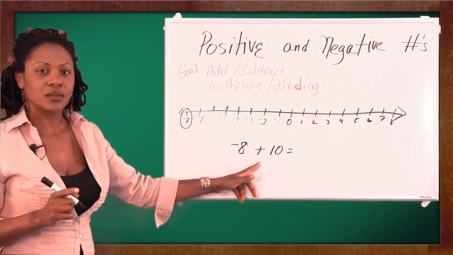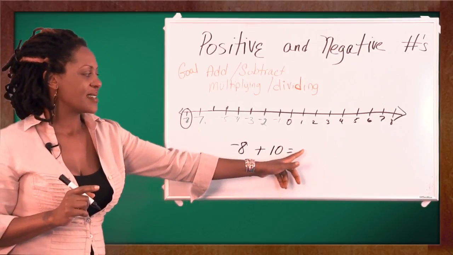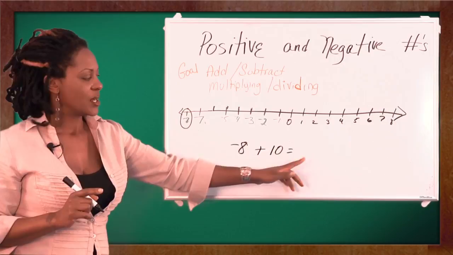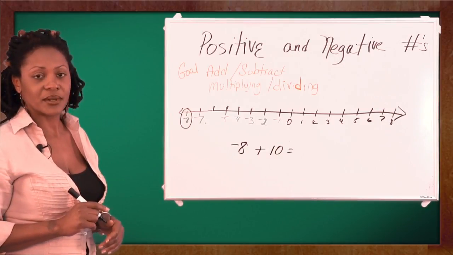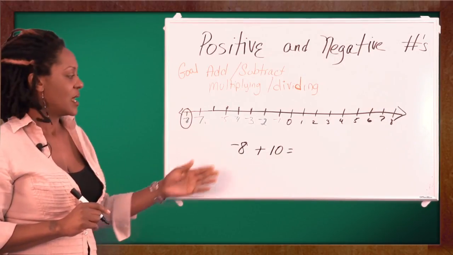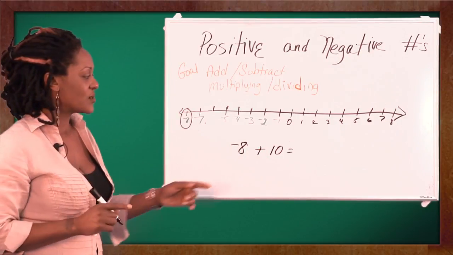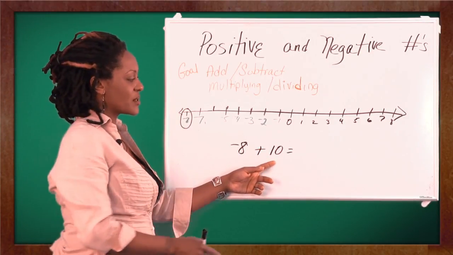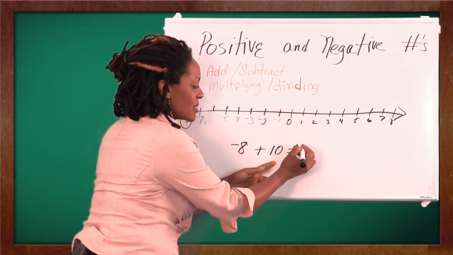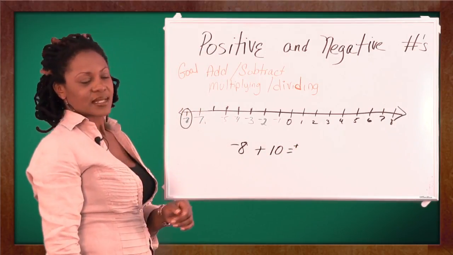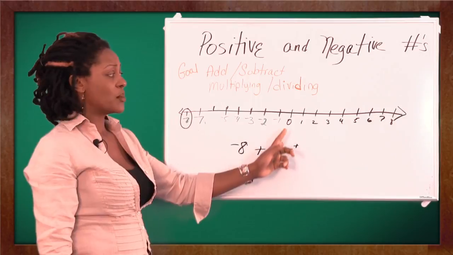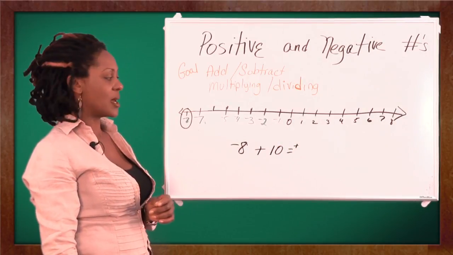And what's our rule? The larger number takes the sign over. So here, which is the larger number? Forget the 8 being negative. Is 8 larger than 10 or 10 larger than 8? Our answer is 10. It's the larger number. So that means our answer is going to be positive. Now I put that little plus sign just to remind myself that I'm moving to the positive side of the number line.